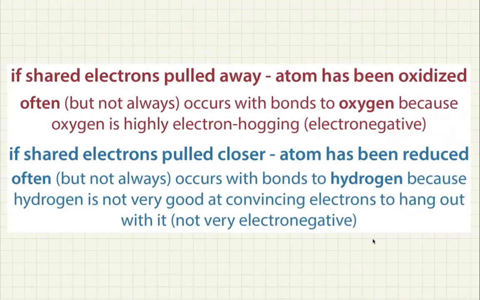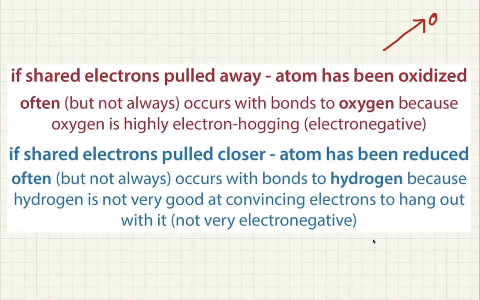And why would electrons be pulled away? Well, they get pulled away if they bind to or form more bonds to something that is electronegative. If we remember our periodic trends, the more electronegative things are going to be up on the upper right. One of the main electronegative atoms we're going to be dealing with is oxygen.